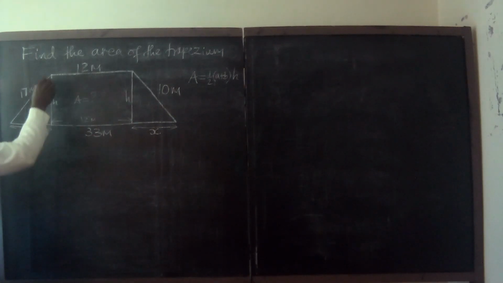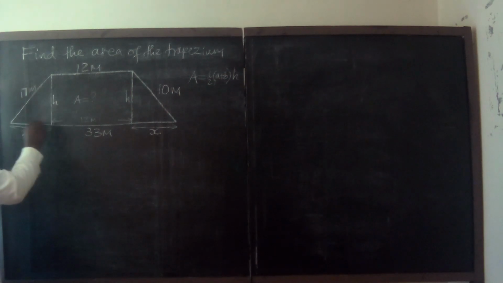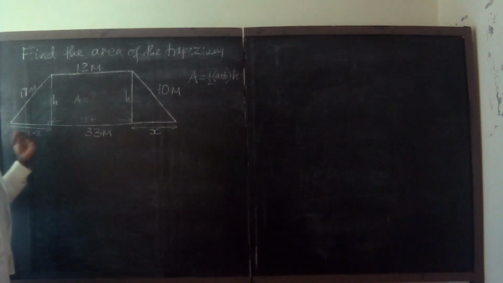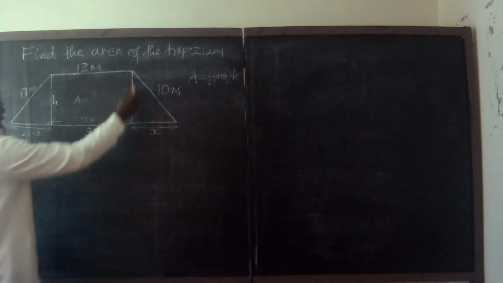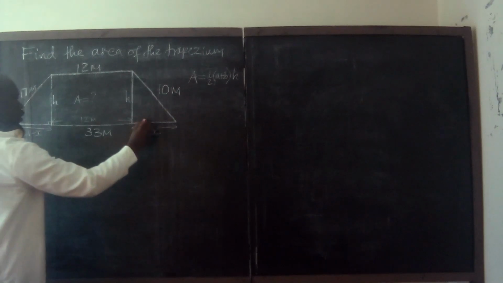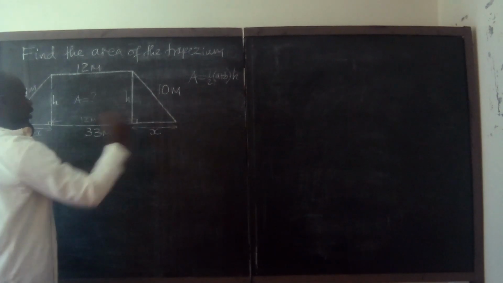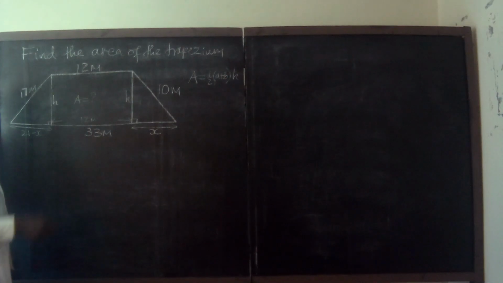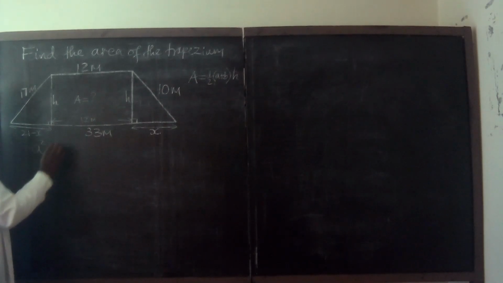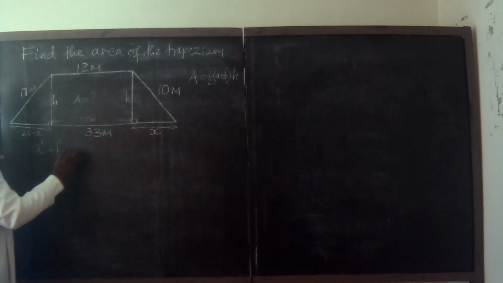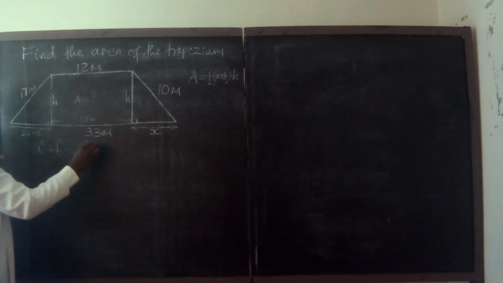Now we have two right angle triangles. For this right angle triangle, I can use Pythagoras theorem and form an equation. I also do the same with the other right angle triangle. Pythagoras theorem is a squared plus b squared equals c squared.